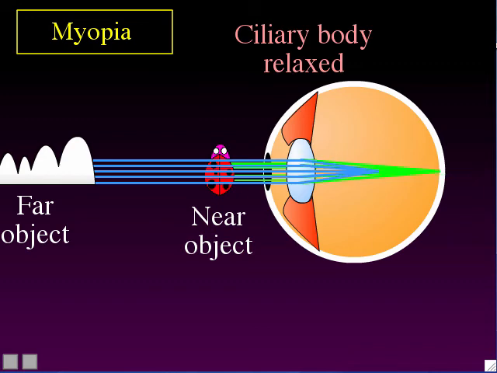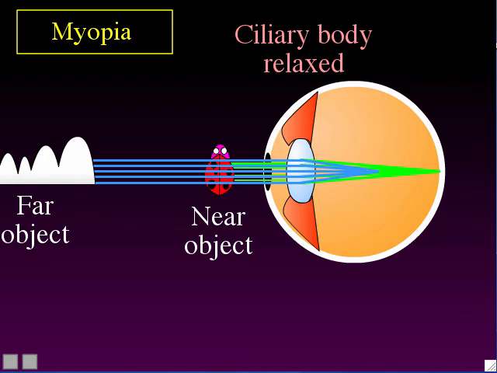So when the person with myopia relaxes their ciliary body muscles, the near object focal points are on the retina and the far object focal points are in front of the retina. Or saying the same thing in a simpler way, people with myopia have focal points that are more forward in the eye than normal. All right.